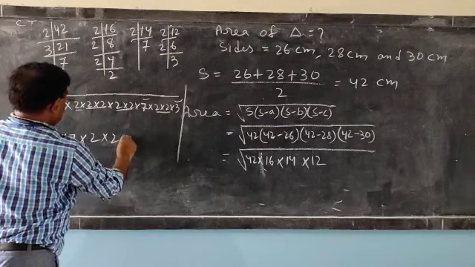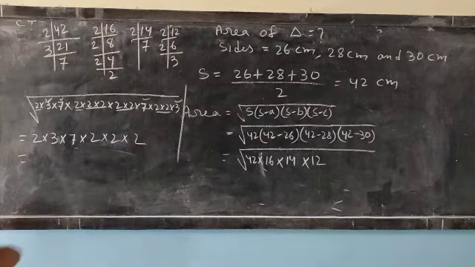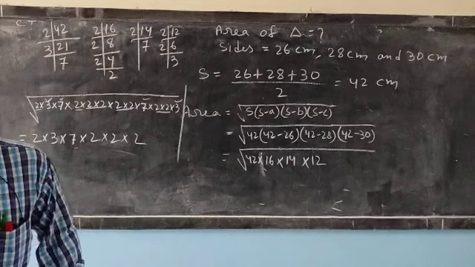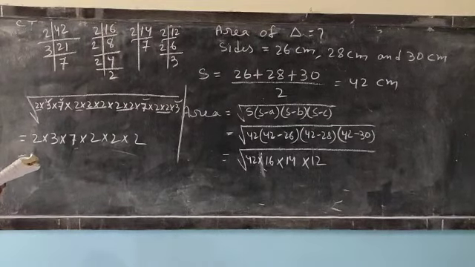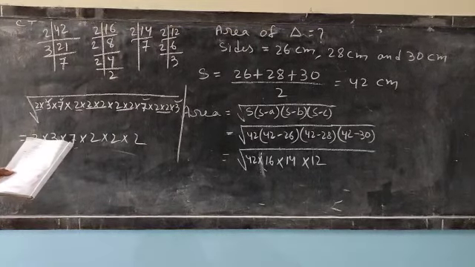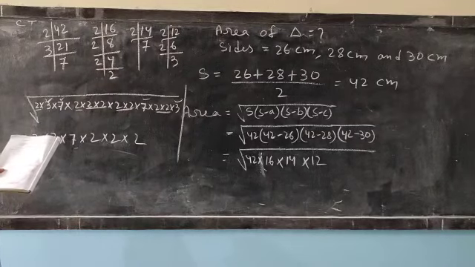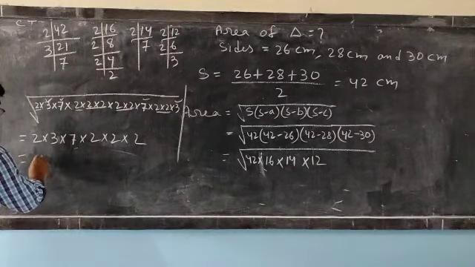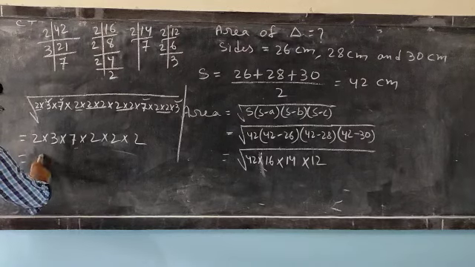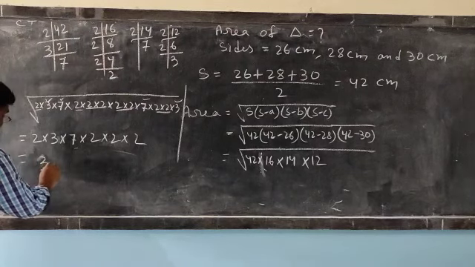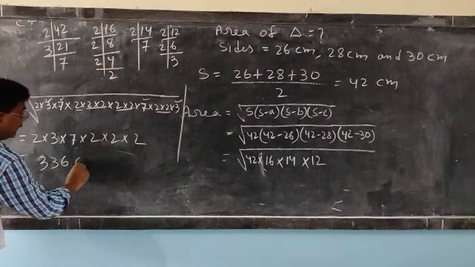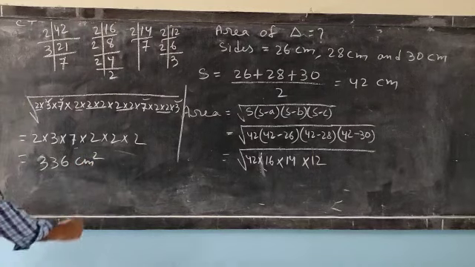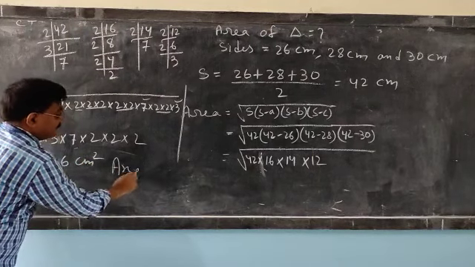And this 2 will come out. So, if we will multiply, 2 into 2 into 2 into 2, 16, into 3, into 7, we will get 336 centimeter square. And this is the answer.